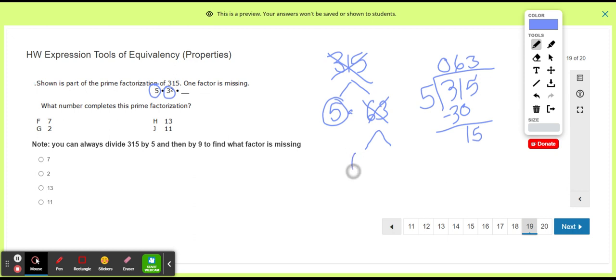So now we have 63. So we've got 7 times 9 is 63. 7 is prime, 9 is composite. So we're saying which factor is missing?